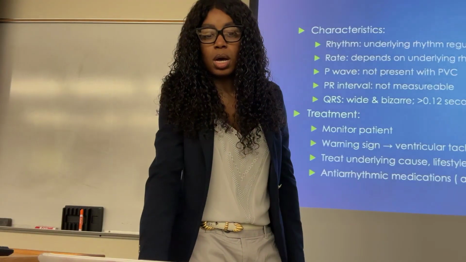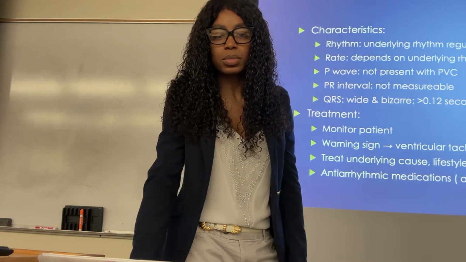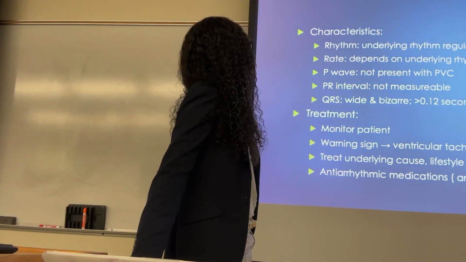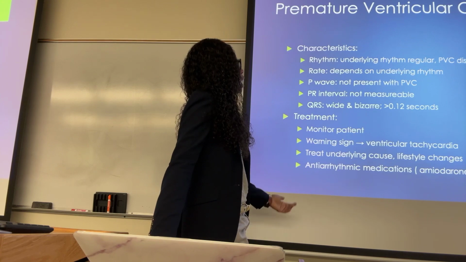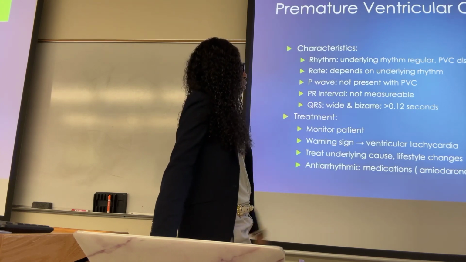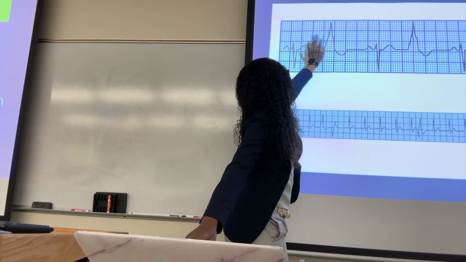So when we look at premature ventricular contractions, we're looking at a rhythm where the underlying rhythm is regular. The PVC disrupts that rhythm. The rate depends on the underlying rhythm. P wave not present with the PVC, right? We don't see it here, because this is what we're considering, not this.